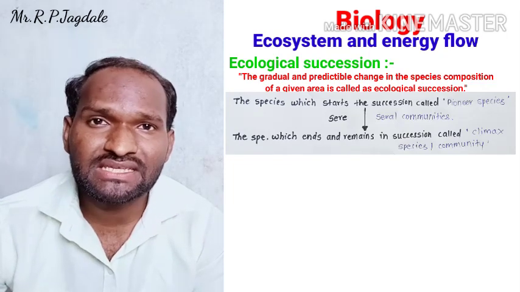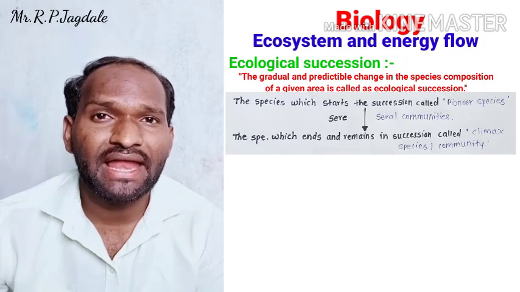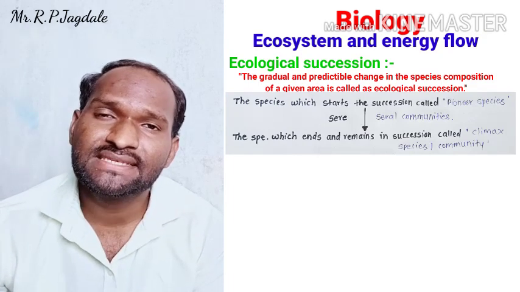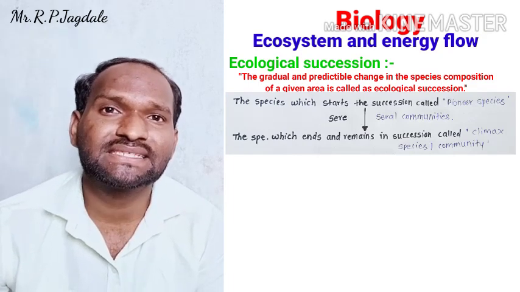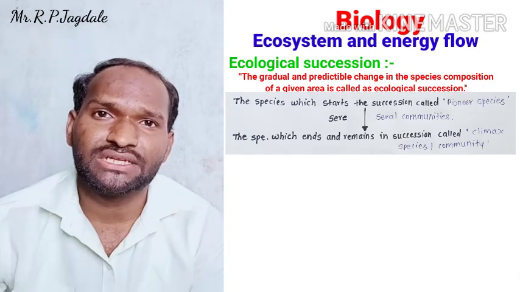Then the species which ends the ecological succession and remains as it is, is called the climax species, or climax community.